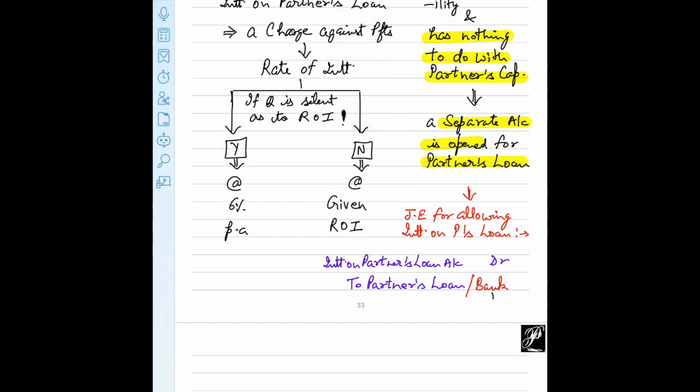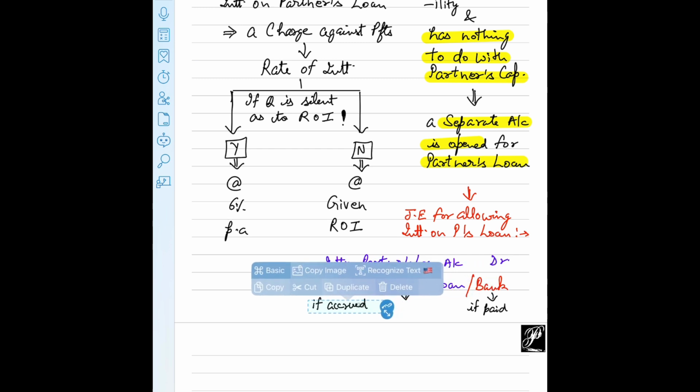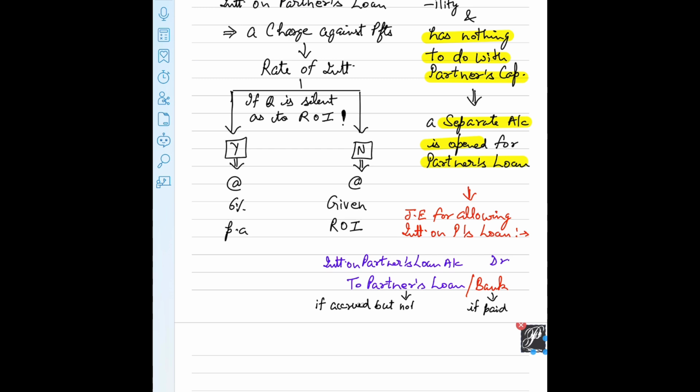To bank if paid, and to partner's loan if accrued but not paid. Got it? Yes.